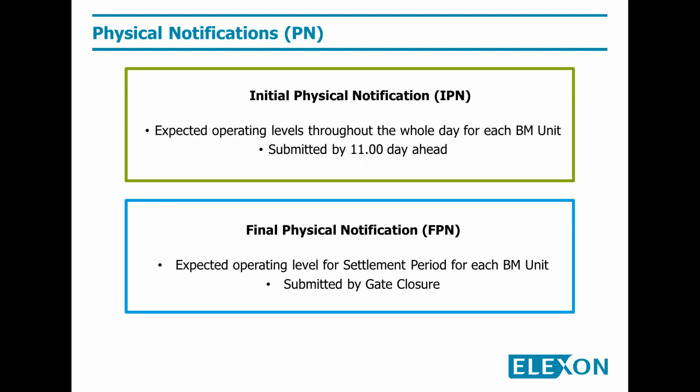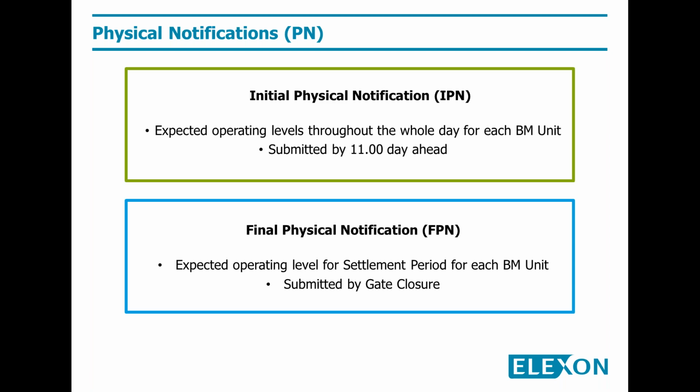So how do generators let National Grid know what their plans are for generating? They send through what's called physical notifications. So there's the initial physical notification, or IPN, and that's sent through a day ahead by 11 o'clock, and that gives them a view of what the particular generating party thinks they're going to be producing throughout the day for each BMU.